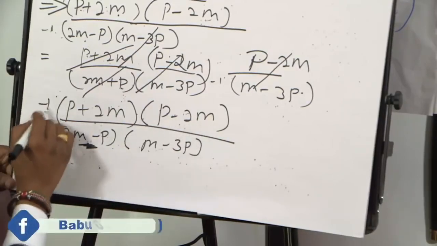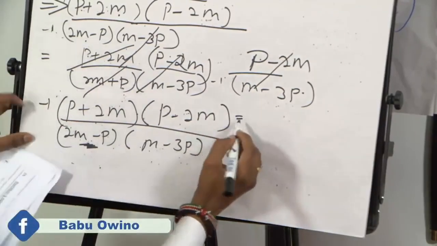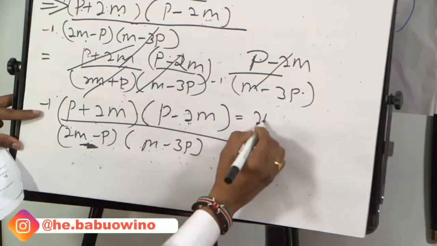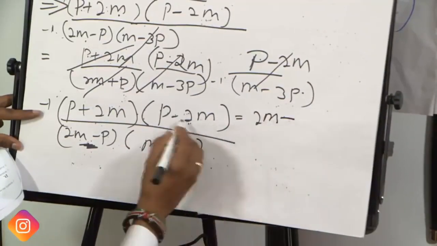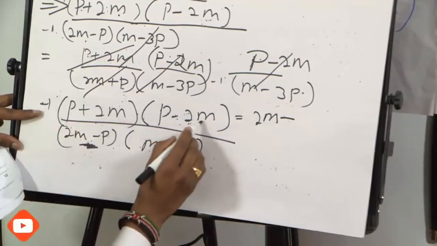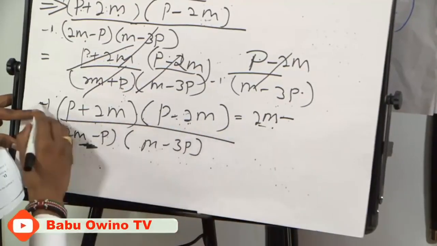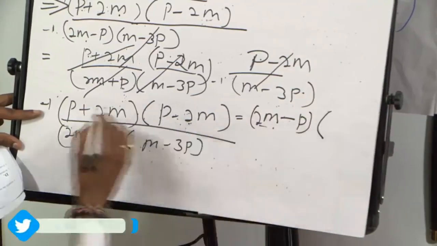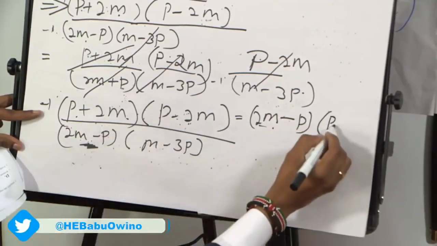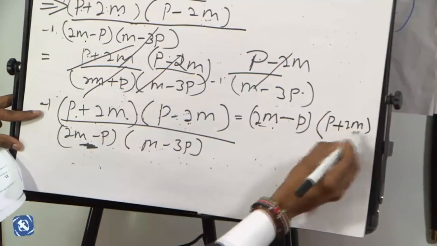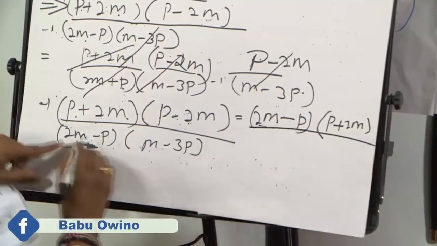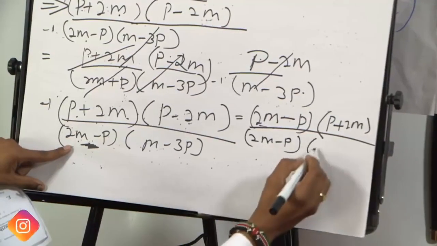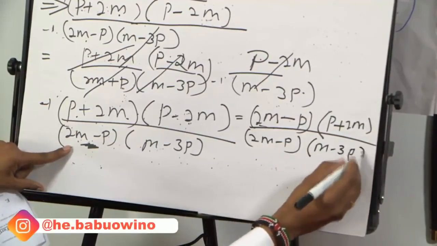When you introduce a negative at the top, multiplying this by the negative, you get 2m minus p. Minus times minus 2m is 2m, then minus times p is minus p. Into bracket, this value is p plus 2m divided by 2m minus p into m minus 3p.